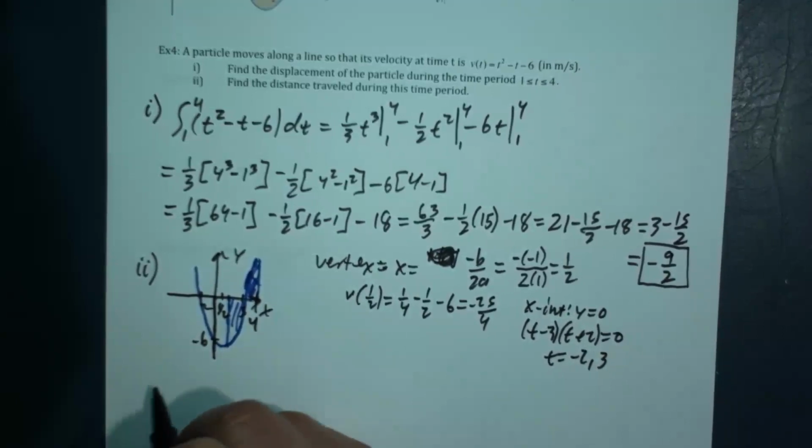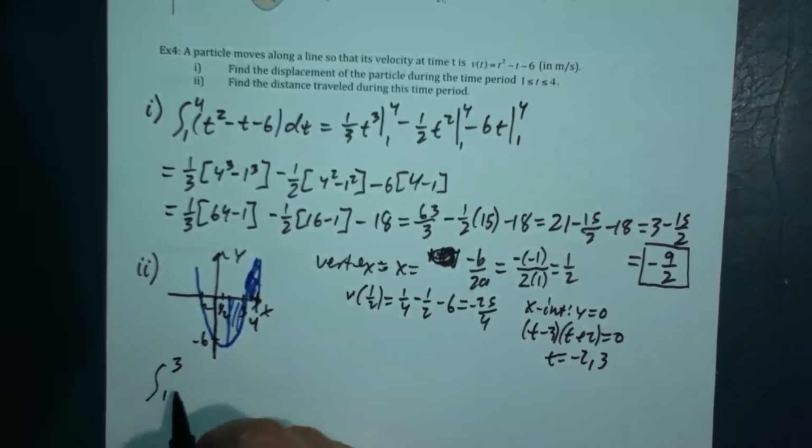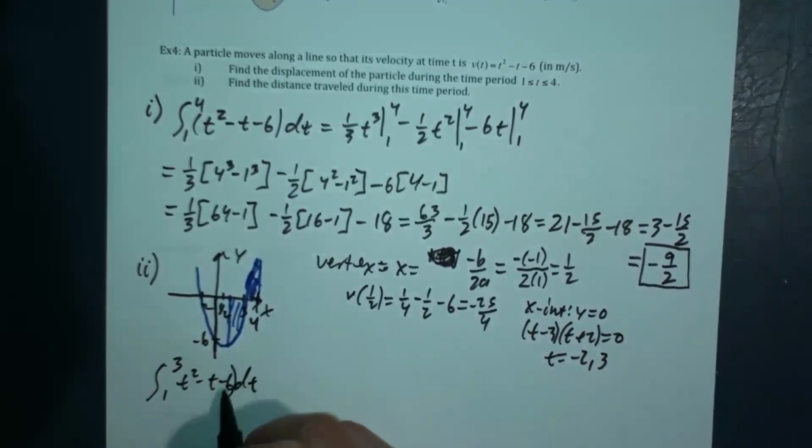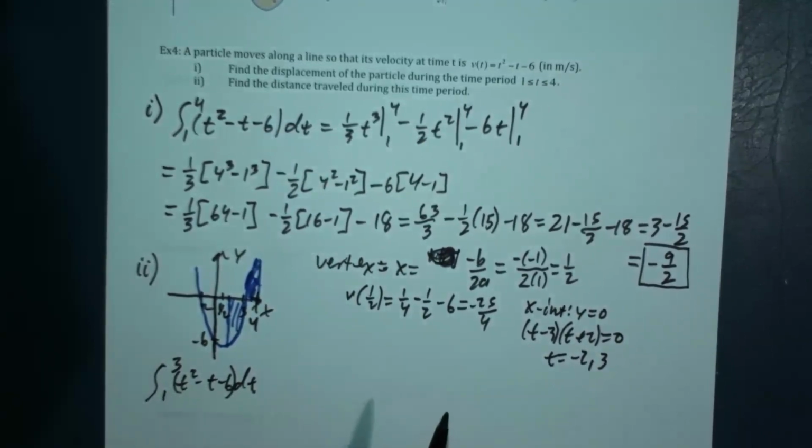So the distance is going to be the integral from 1 to 3. And we're going to have to make that area, it's going to be negative, but we're going to have to make it positive.